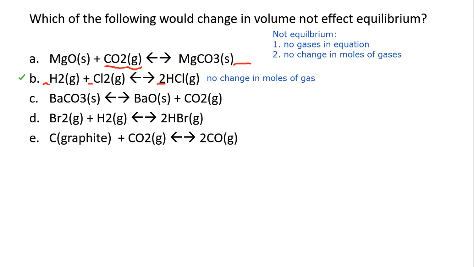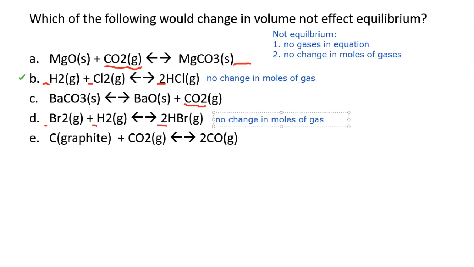Next, in C, no gases on the reactant side, but we have 1 mole of gas on the product side. In D, we have 2 moles of gas on the reactant side and 2 moles of gas on the product side. So here, no change in moles of gas.